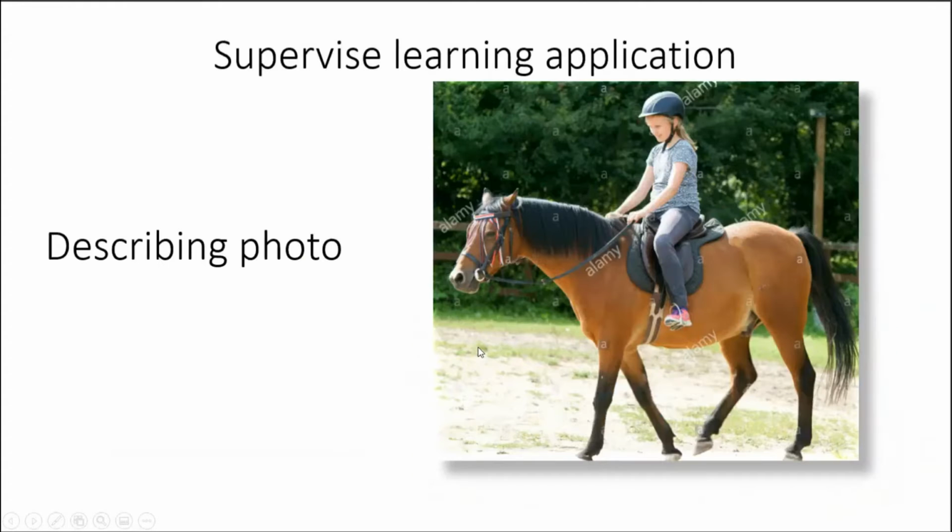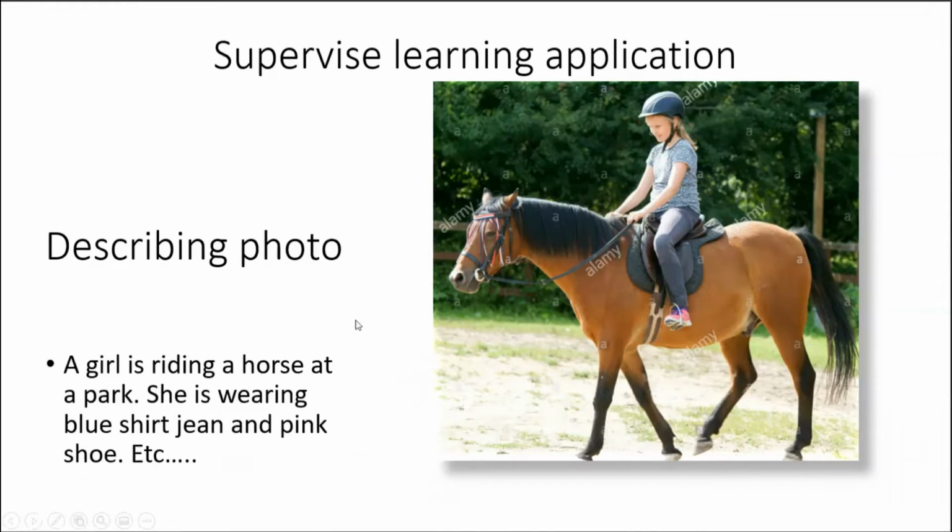You use supervised learning, and this is about describing photos. Given a photo like this, a computer is able to come up with this sentence, not a human: the girl is riding a horse at the park. She is wearing a blue shirt, jeans, and pink shoes, etc. The computer detects there is a girl here and a horse, and sees the girl on top of the horse, and can derive that a girl is riding a horse.